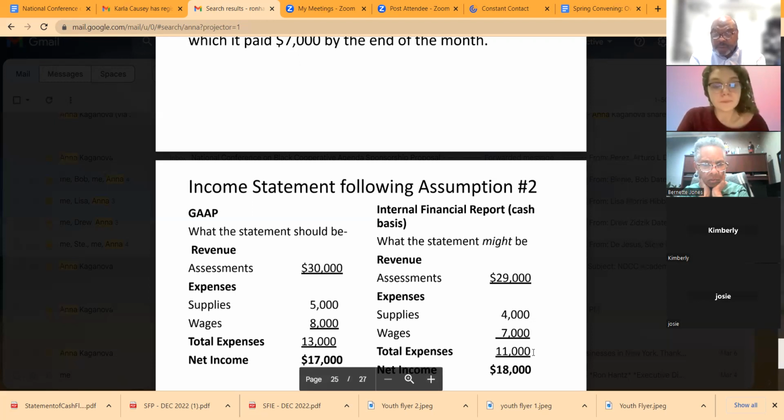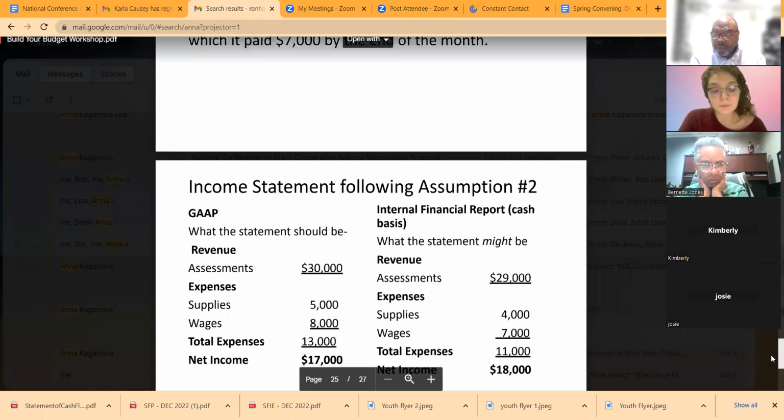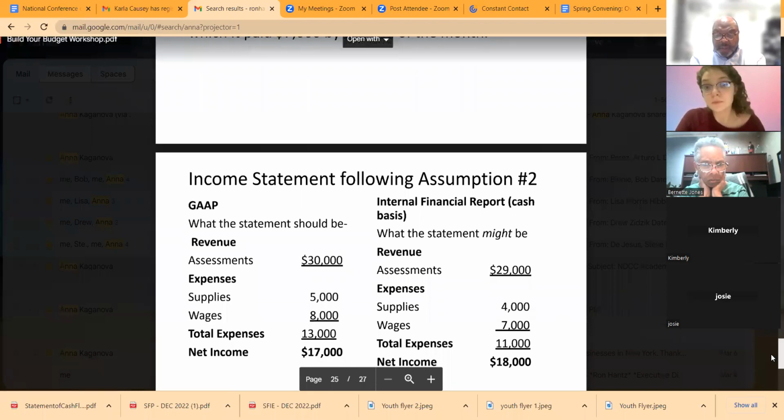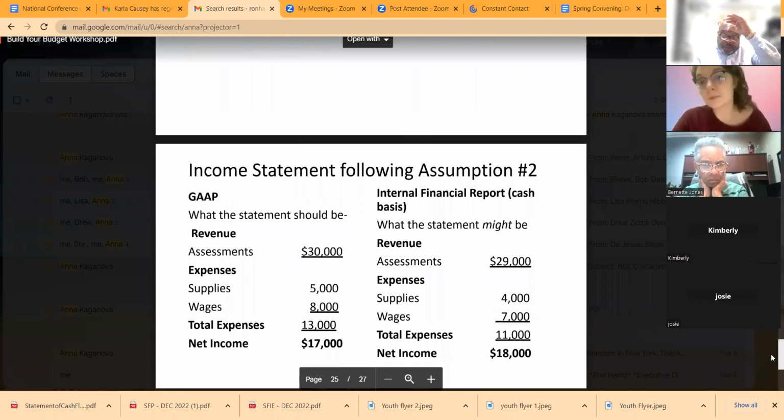And total expenses was 11,000, and the net income was 18,000 because 11,000 total expenses from the 29,000 assessment leaves us with net income of $18,000.